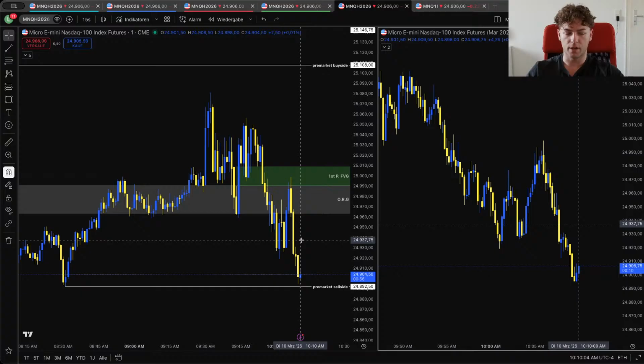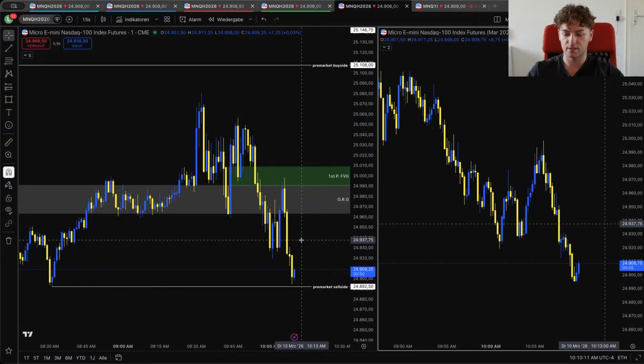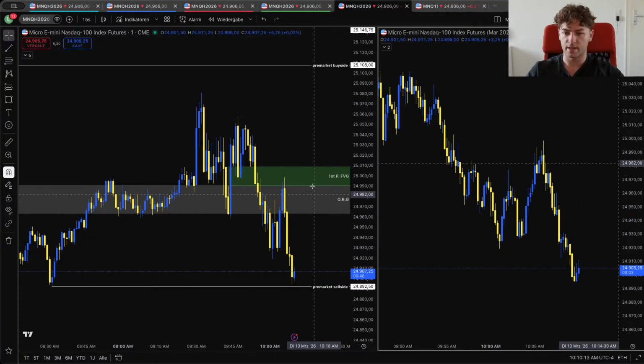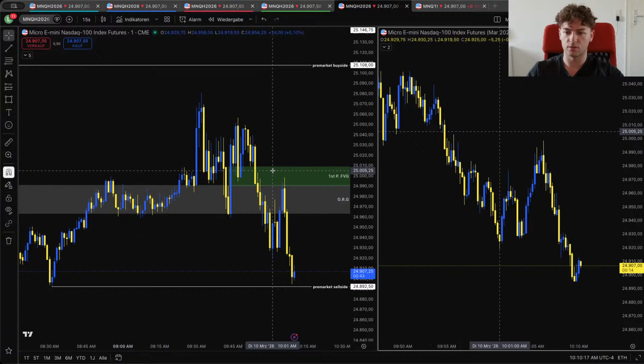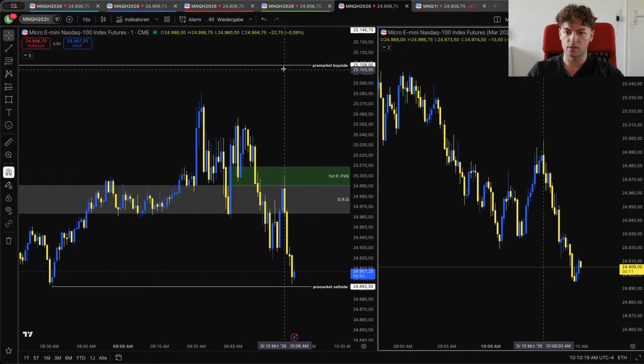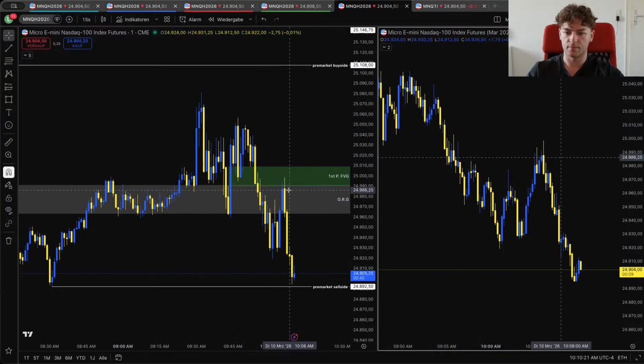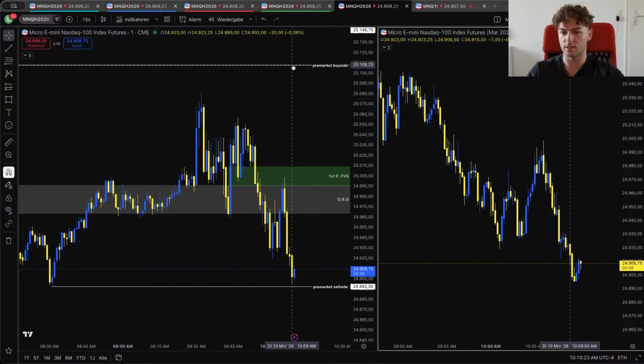Because, in my opinion, I'm not too advanced of a trader yet, where I can say, okay, we are at the middle of the range here, and we have still buy side and sell side. Of course, we want to see buy side get taken out ultimately.